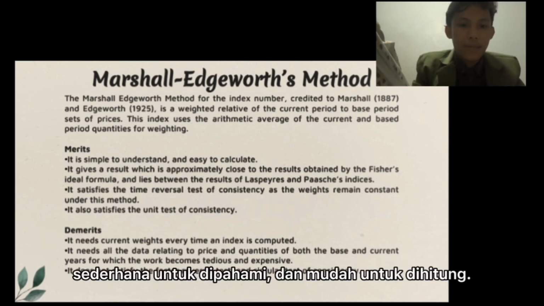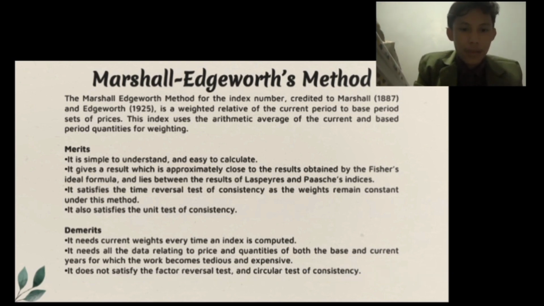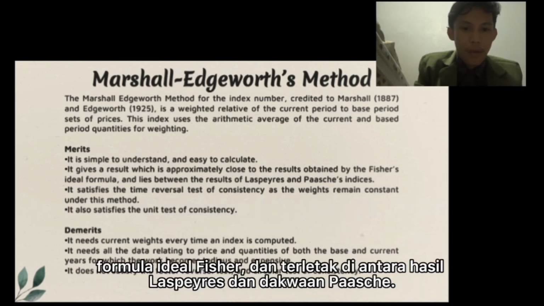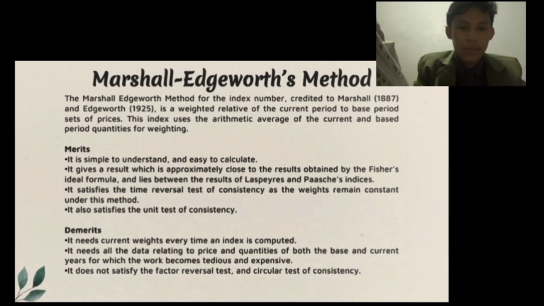Merits: it is simple to understand and easy to calculate. It gives a result which is approximately close to the result obtained by the Fisher Ideal formula and lies between the Laspeyres and Paasche indices.